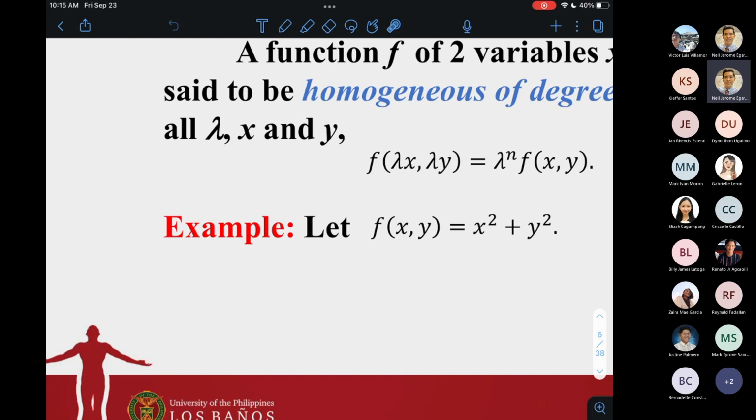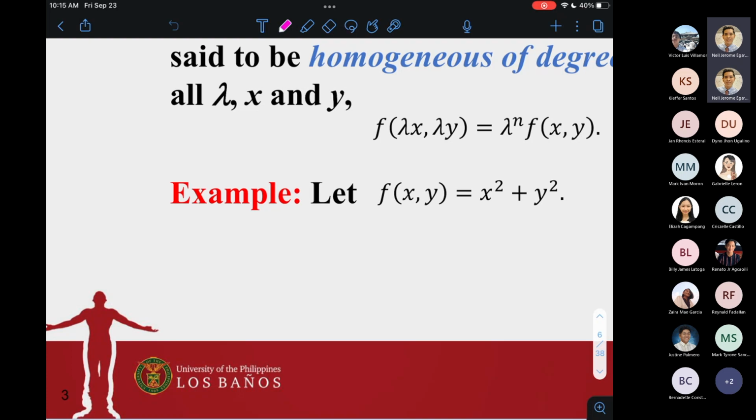Okay? So let's do the first step. So here, to check if it's homogeneous, we'll compute f of lambda x, lambda y. So kay f, lahat ng x at y, papalitan ko lang ng lambda x at lambda y respectively. So we'll have, instead of x squared like this, I'll have lambda x quantity squared plus lambda y quantity squared. Right?